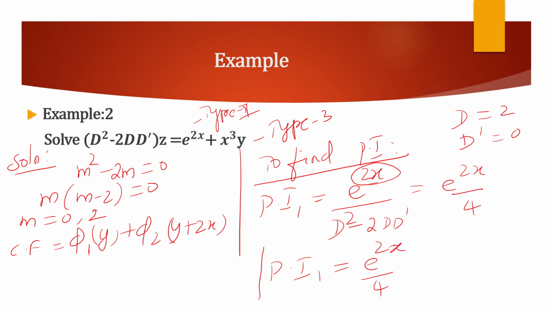So next we are going to consider our second function, that is x cube y. So our particular integral for x cube y has D square minus 2 D D dash as the denominator term.